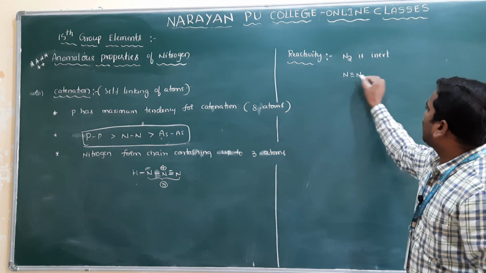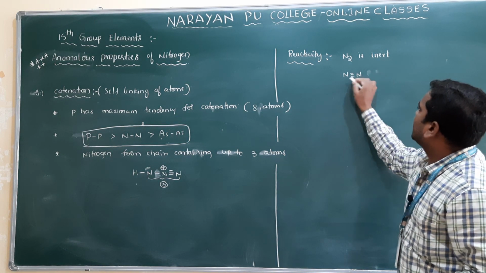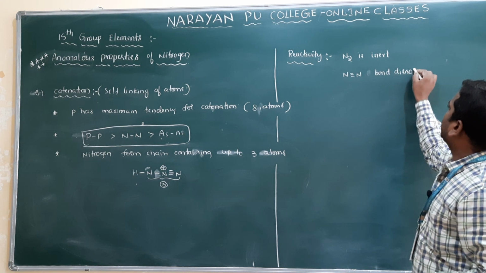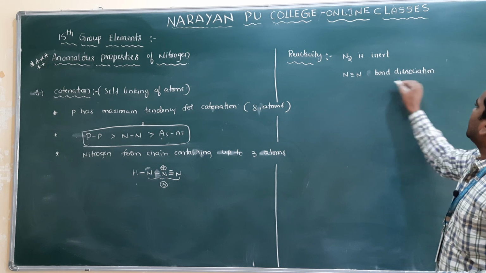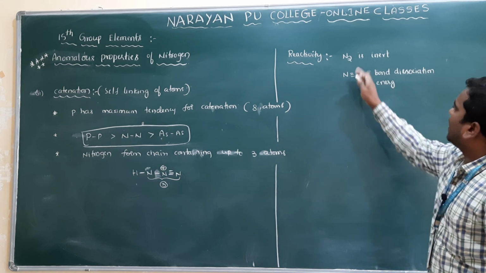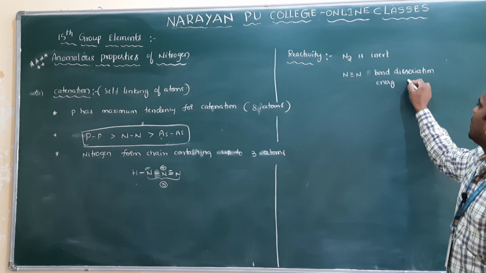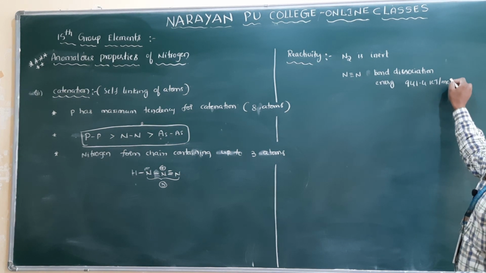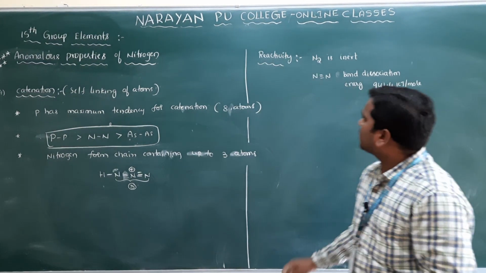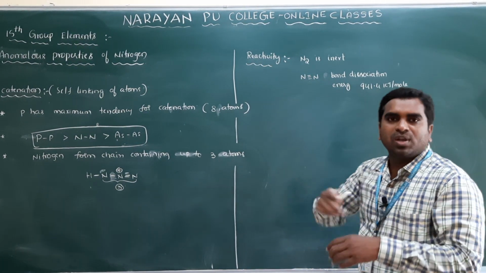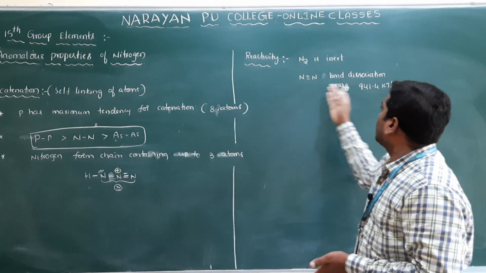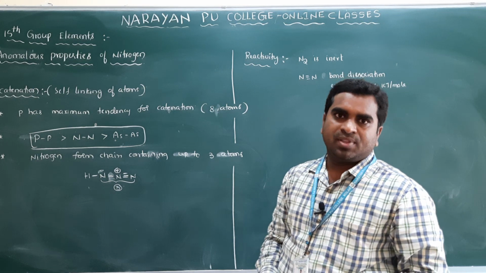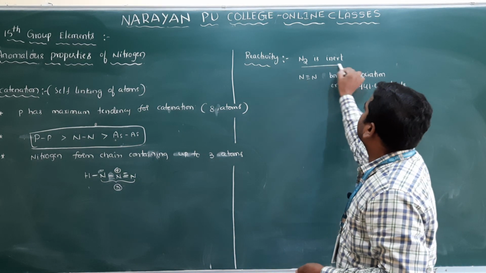To break this bond, the bond dissociation energy for nitrogen to break this triple bond, we require 941.4 kilojoule per mole. Means to involve in the reaction, this bond should break, then only it will involve in the reaction. To break this bond, we need so much energy, so it won't react easily, clear? So that's why almost we will say inert.